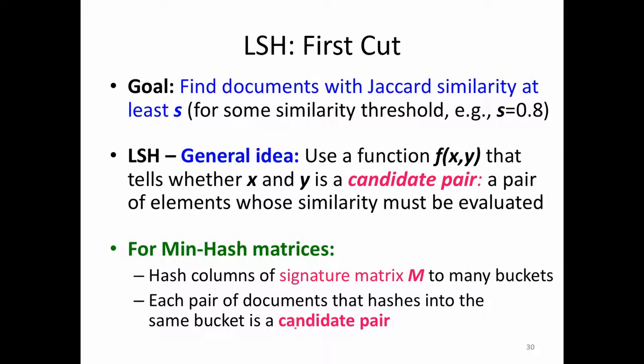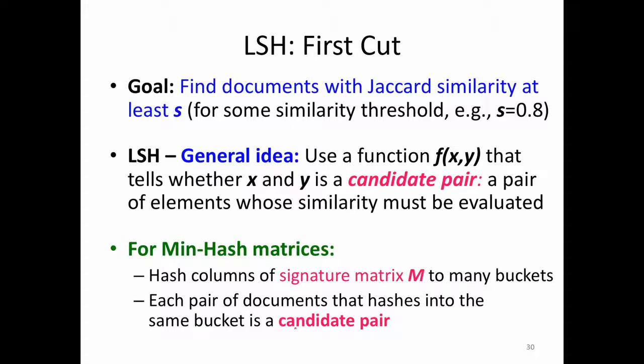The goal of locality sensitive hashing is to find documents with Jaccard similarity at least s, for some similarity threshold, let's say s equals 0.8. So you want to find pairs of documents where the similarity is at least 80%. That is what is called a candidate pair.